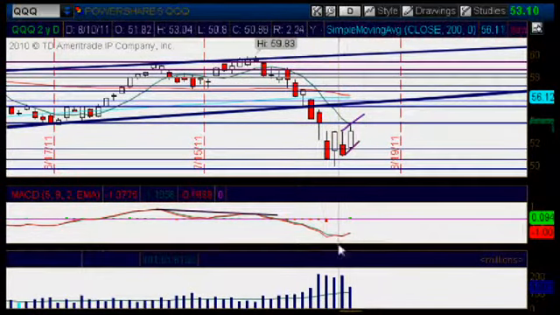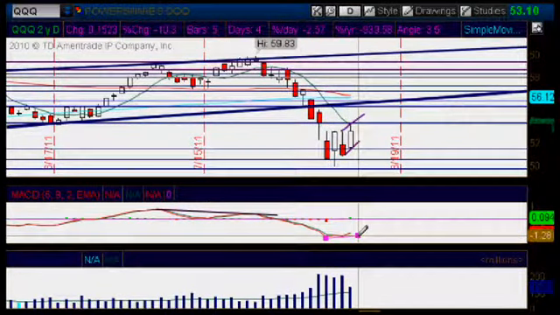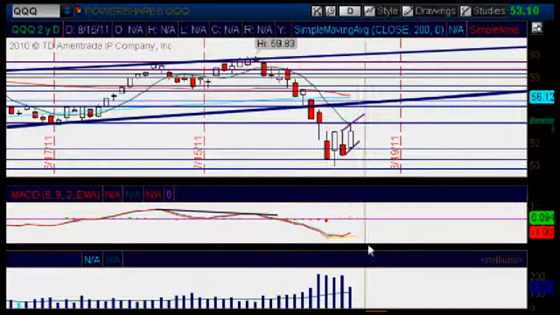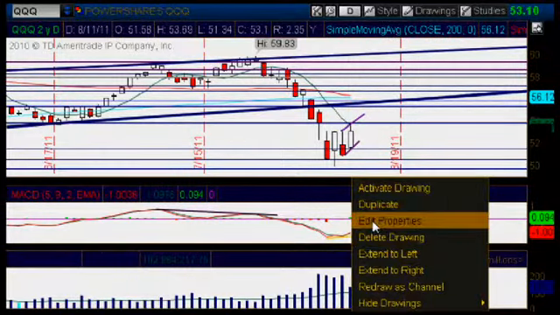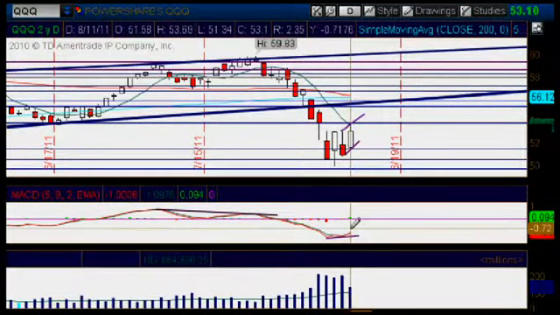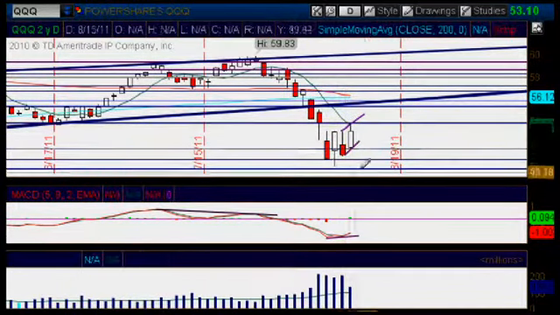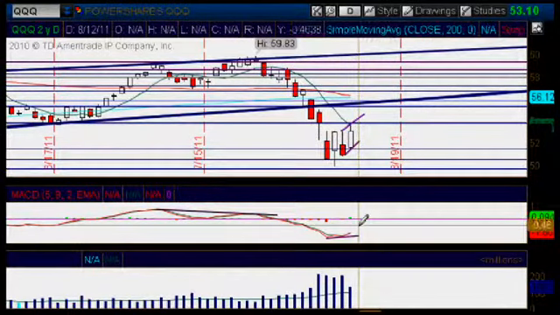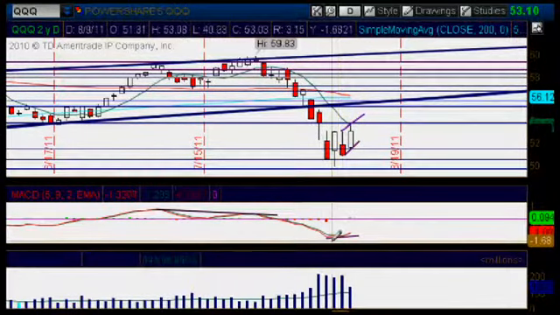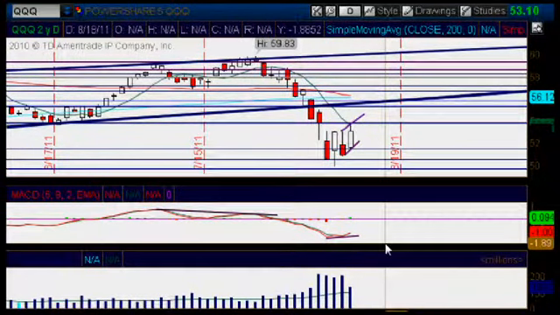Look at the MACD. The MACD is turning a little slightly to the upside, as you can see here, and it's making its first higher low, which is a pretty good confirmation with what we see on our chart. So that is the MACD. It's turning north and it's pointing higher towards the zero line, so that's a good sign.